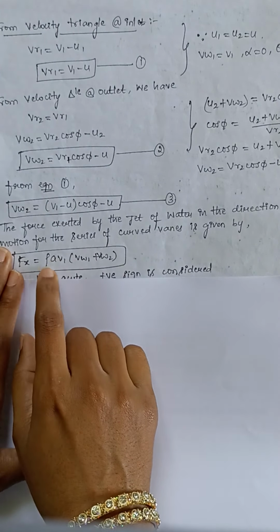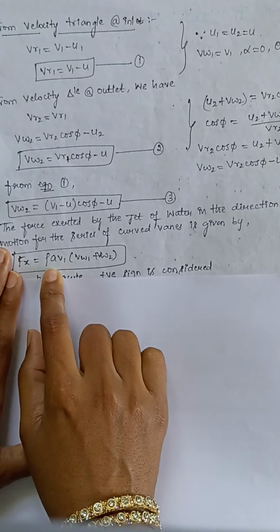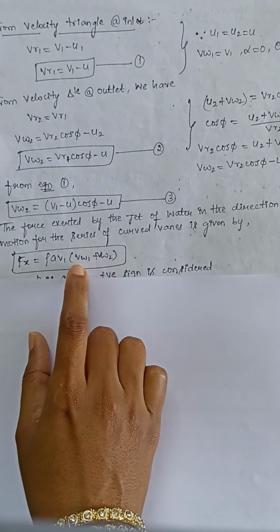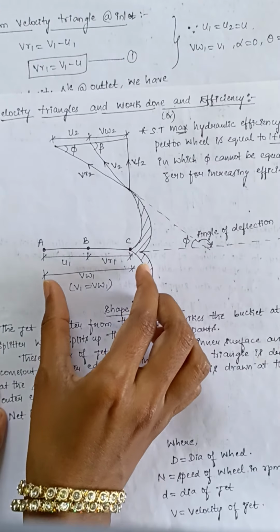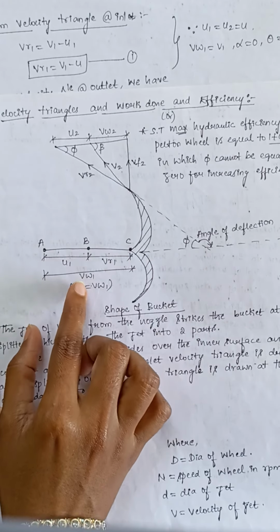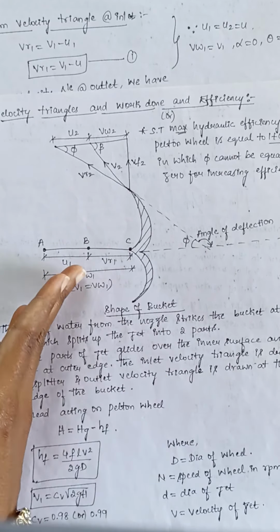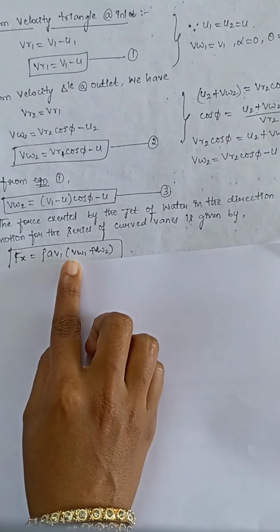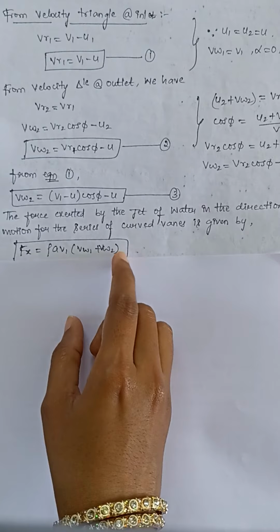So now rho a v1 gives you the mass per second of water here, and the initial velocity is the velocity at which the water is moving. Initially the jet is moving with a velocity of Vw1, which will be moving in the rightward direction. Let us take this as plus Vw1 minus the final velocity.